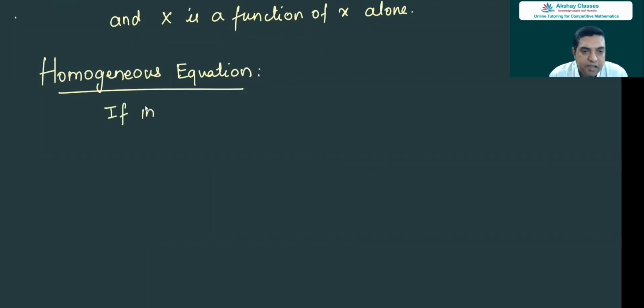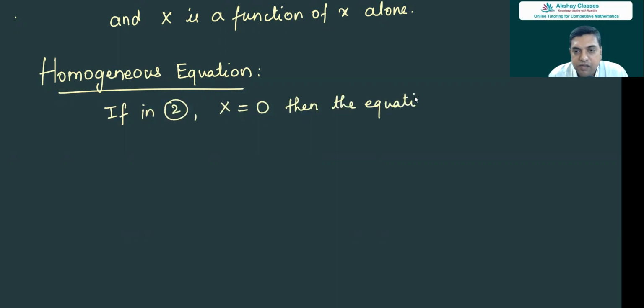If in 2, x is equal to 0, then the equation is called homogeneous. Why is it called homogeneous?